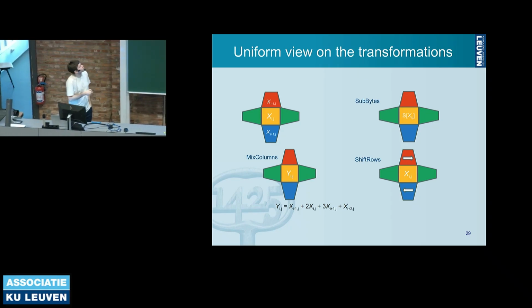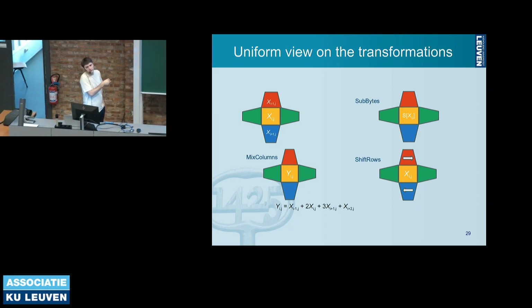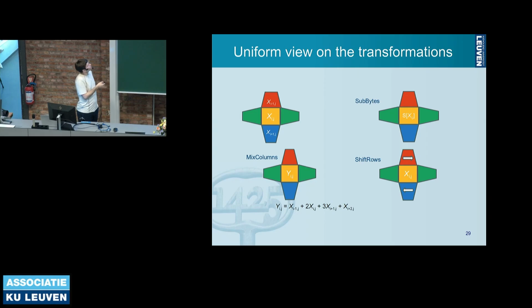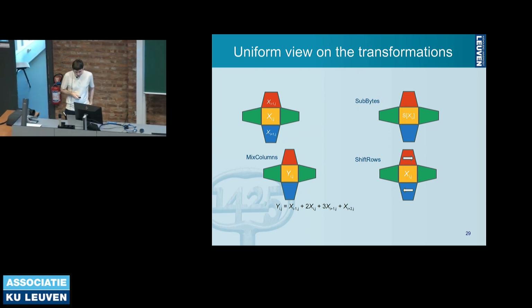Of course, SubBytes is not so special, each byte is still just replaced. But ShiftRows and MixColumns become slightly nicer because they're now local operations. In MixColumns, for example, you take each byte and replace it by a combination of its neighbors. It's just something for amusement.